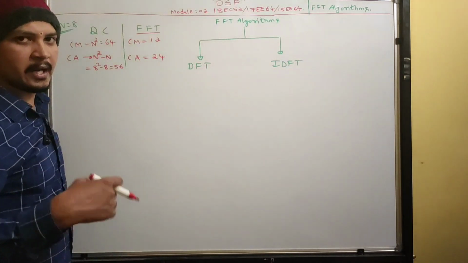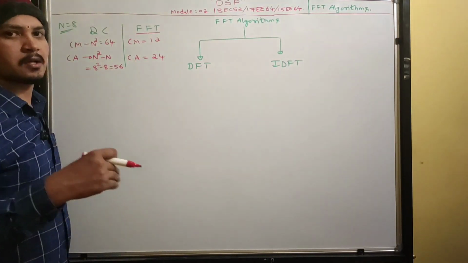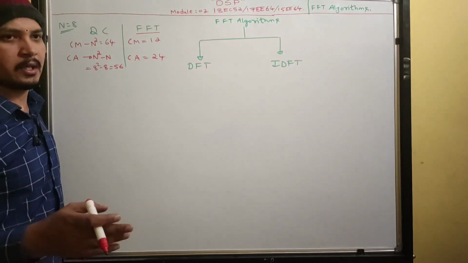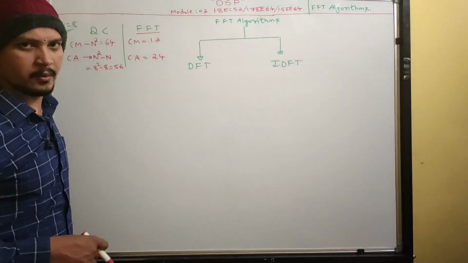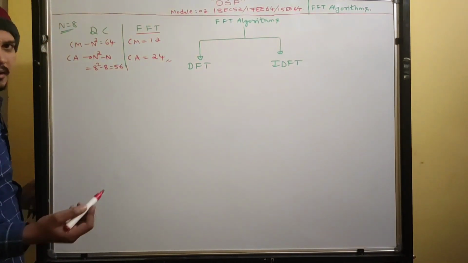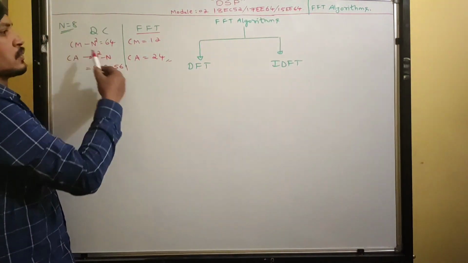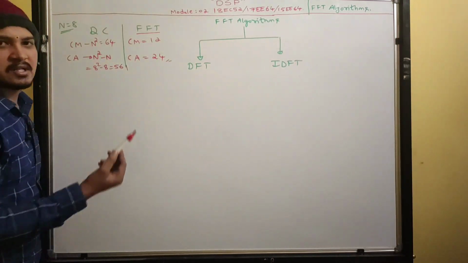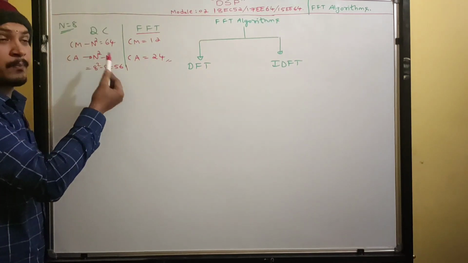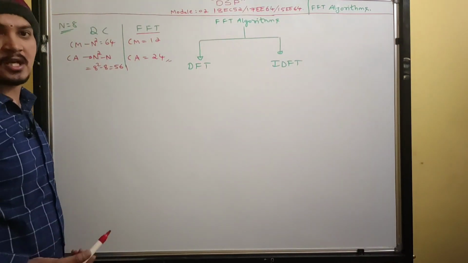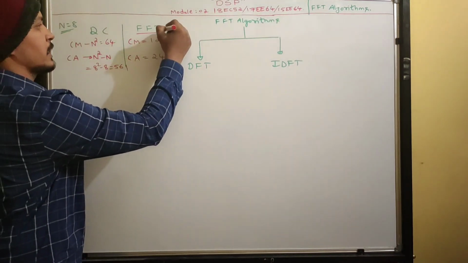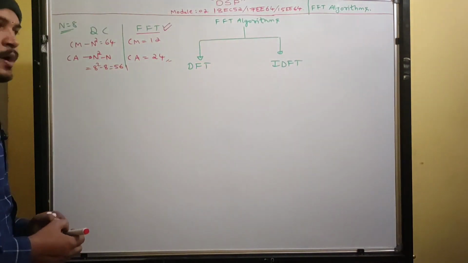For that I will provide another lecture, the computation of DFT, which I will upload later. So to compute an 8-point DFT, which requires less time, obviously FFT. How much time do 64 complex multiplications require compared with FFT? Therefore we call it fast Fourier transform.